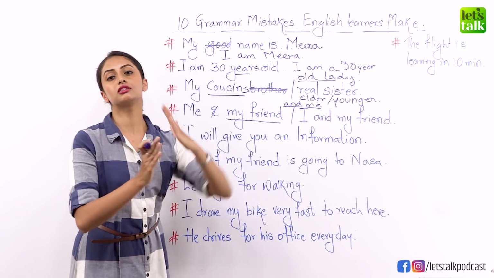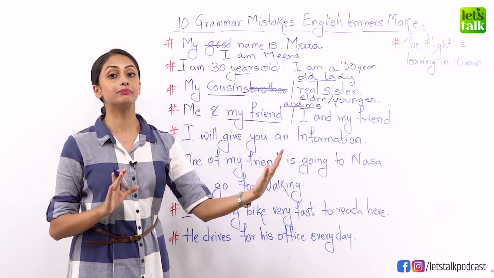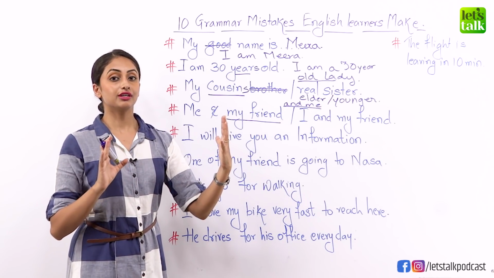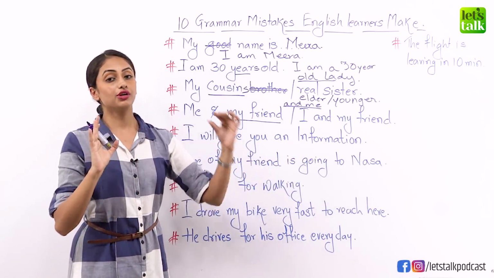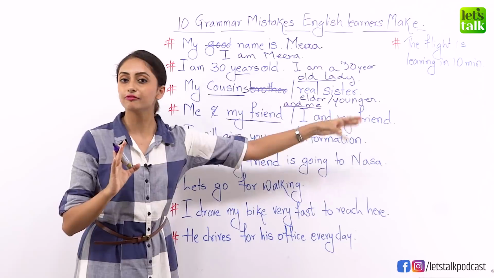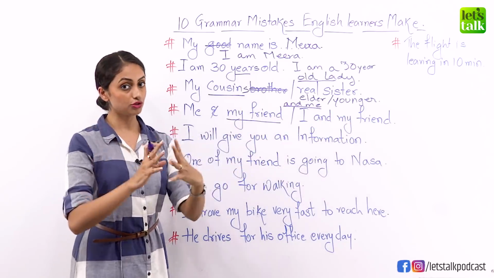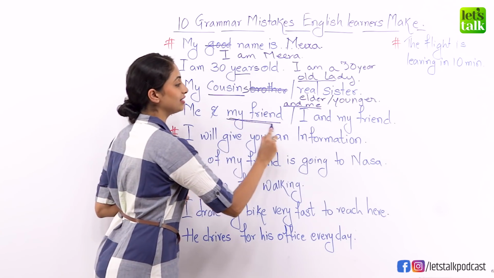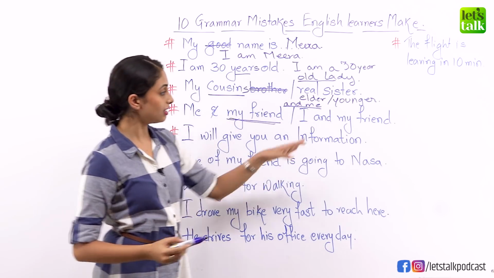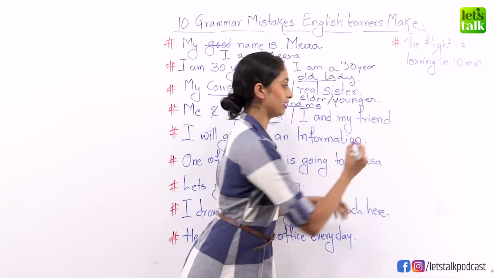Here, if you cut the sentence, you can still complete it. The teacher gave homework to my friend, full stop. The teacher gave the homework to me, full stop. And that is also how you can combine the sentence. Another reason why, my friend and me. Similarly, my friend and I.